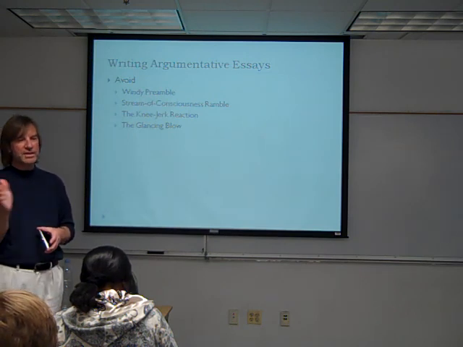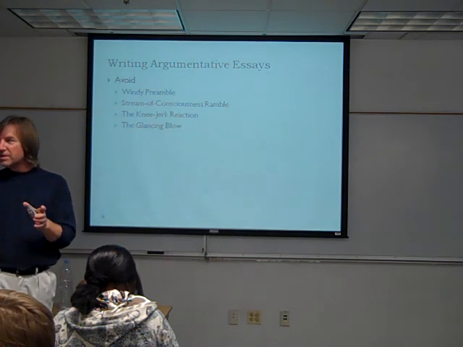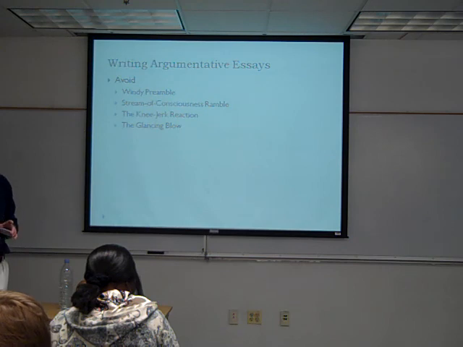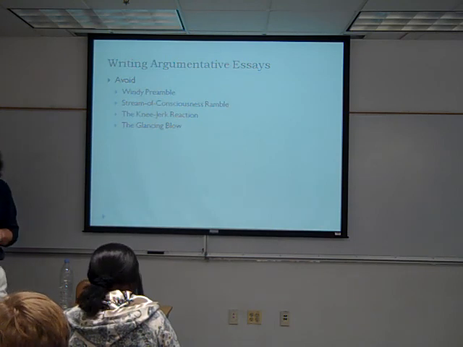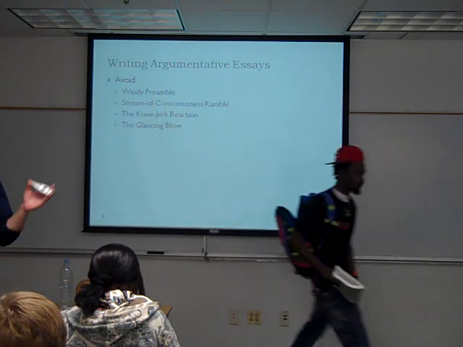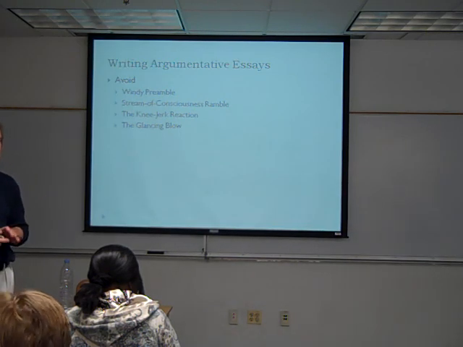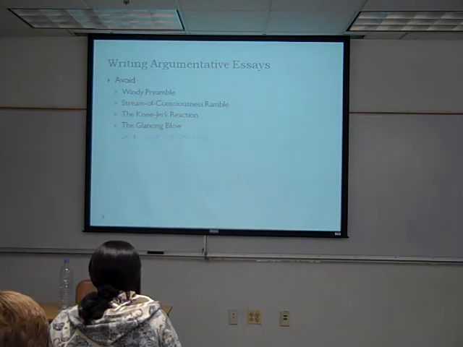And so a glancing blow is going to be off target, and it's really not going to have the impact that you would want in your argument. You want to make sure that your argument addresses that central issue in question, and bringing up things about the person's past or things that don't relate to the issue at hand is going to be thought of as not being directly relevant to the argument at hand.